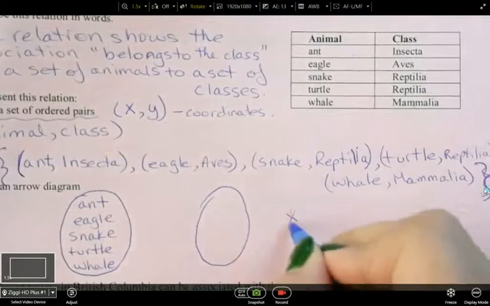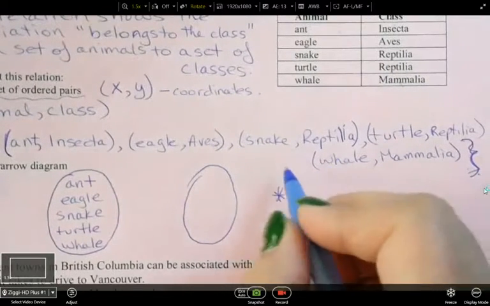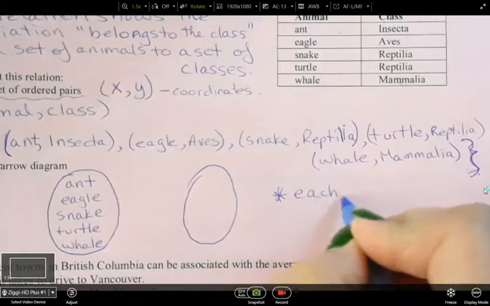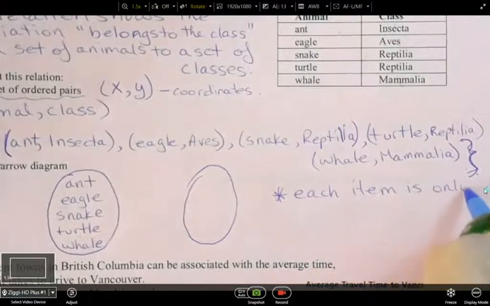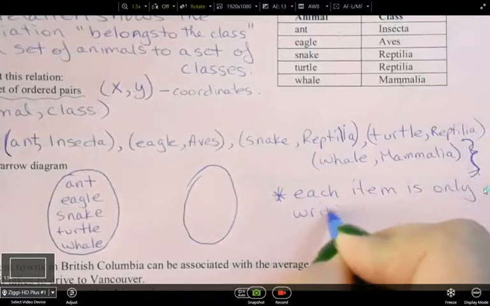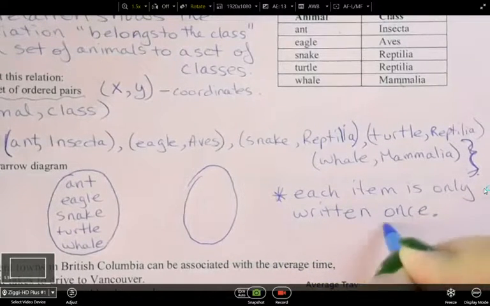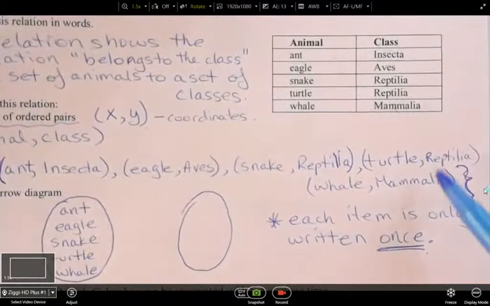Okay, but before I do, I'm going to make a point here. Each item is only written once. All right? So you notice something about the classes here?